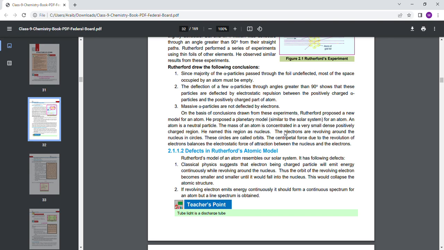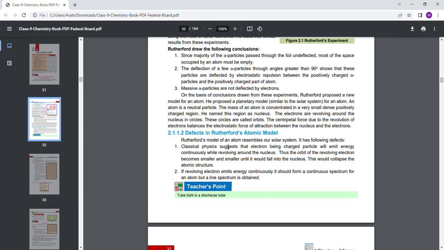The electrons revolve around the nucleus in circles called orbits. The centripetal force due to the revolution of electrons balances the electrostatic force of attraction between the nucleus and the electrons. So he made these conclusions, but the model has some defects.